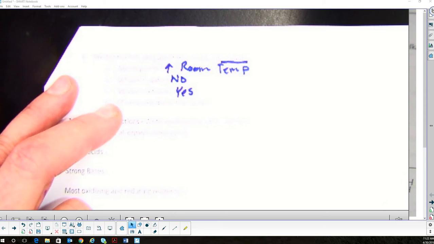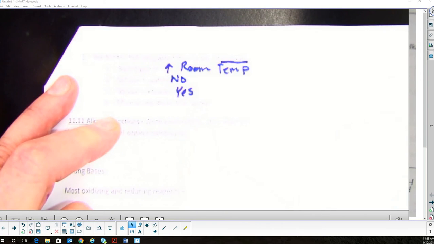In other words, they have the same properties, therefore they'll dissolve in each other. Or they don't have the same properties, therefore they won't dissolve in each other. Meaning polar and polar will dissolve in each other, or nonpolar and polar won't dissolve. So be a little bit more specific, okay?